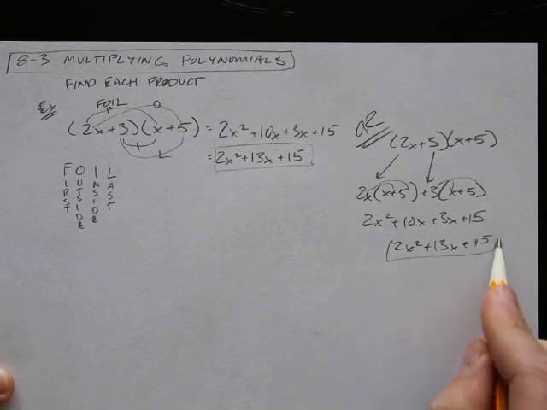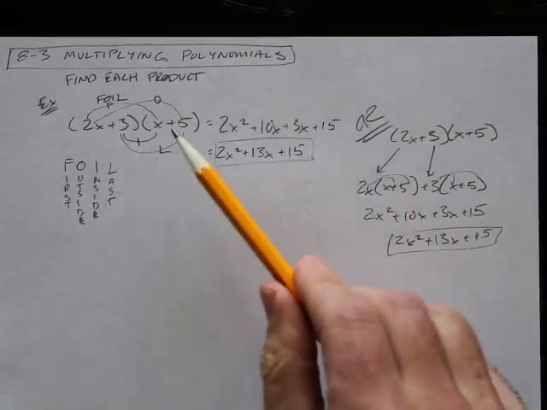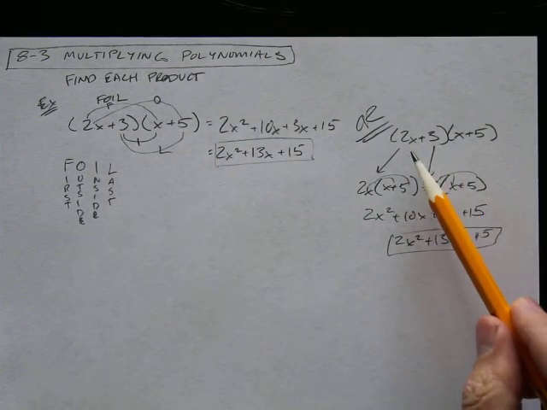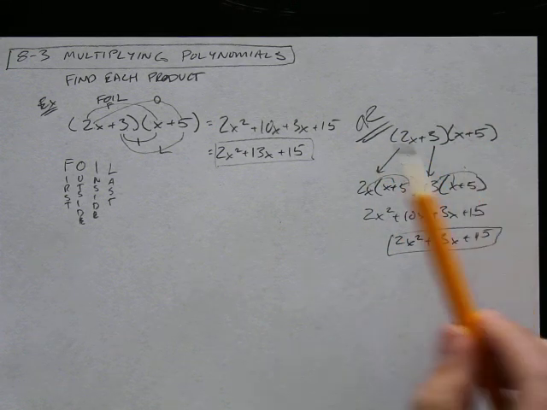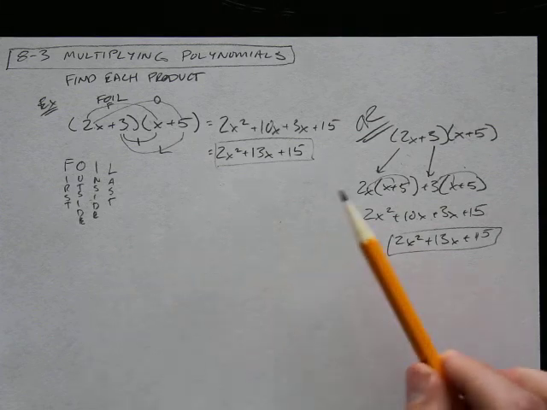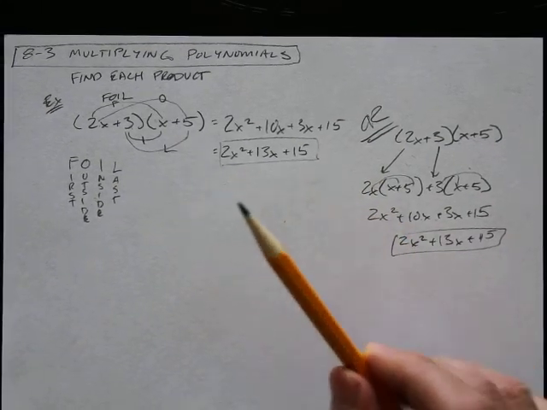And so look, I got the same answer, which is as it should be. So you can use FOIL, or you can use this distributive property method. We're going to look at this method a little bit more later. We're going to keep using FOIL for some of these next ones. But these are two perfectly good methods.